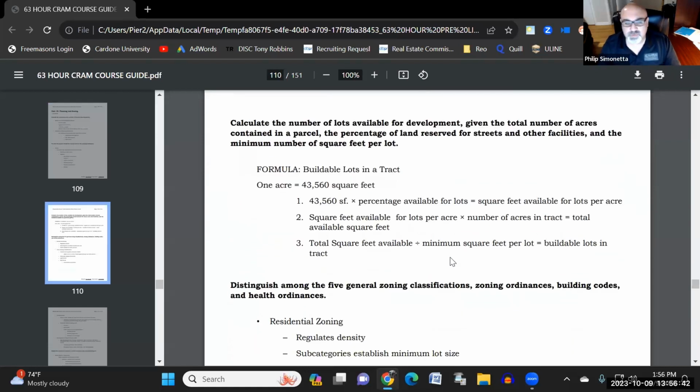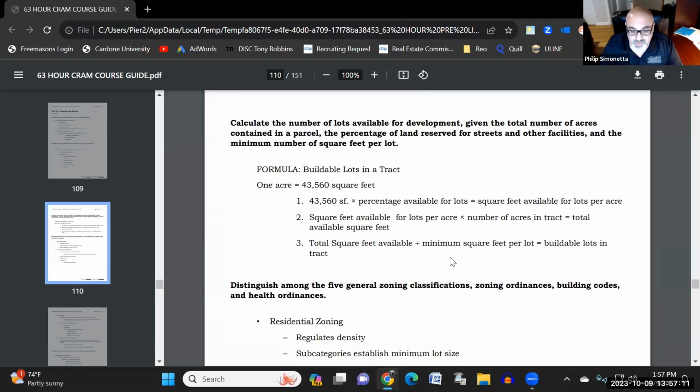So you need to be able to calculate the number of lots available for development given a total number of acres contained in a parcel, the percentage of land reserved for streets and other facilities, and the minimum number of square feet per lot. So you very likely can see a question like this. So the formula for buildable lots in a tract: you have 1 acre equals 43,560 square feet.